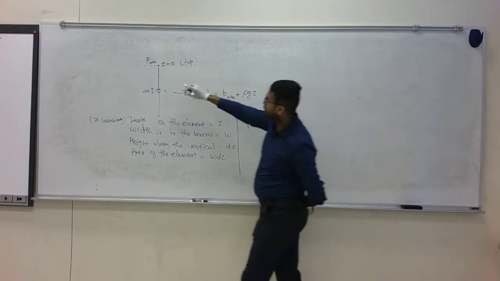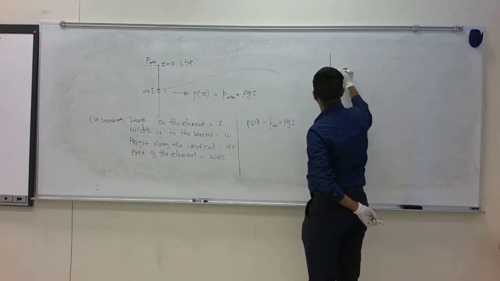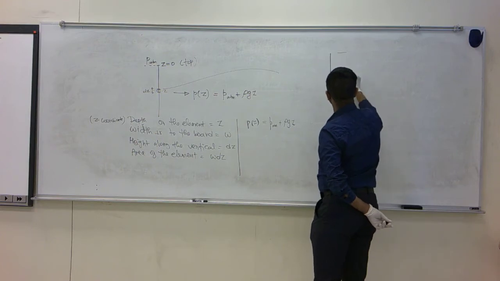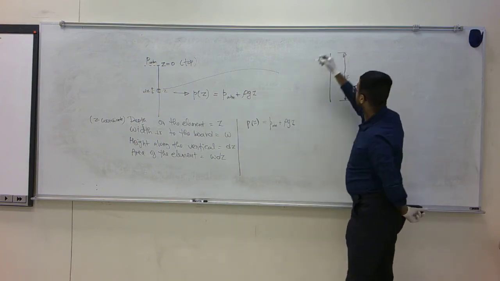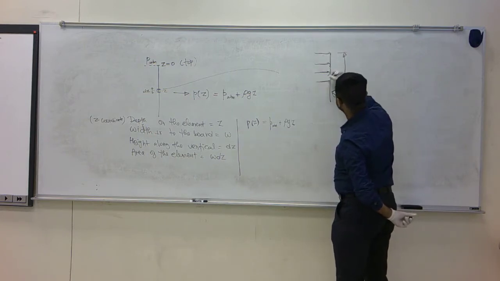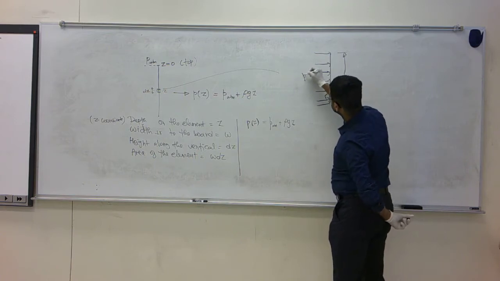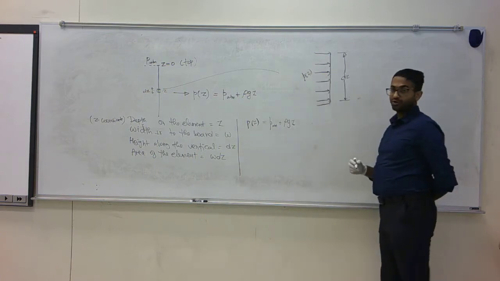So I have this element here. I'm going to blow this up and draw. Here is my element whose height is dz, and I'm going to assume that nominally a pressure of P of z acts here.